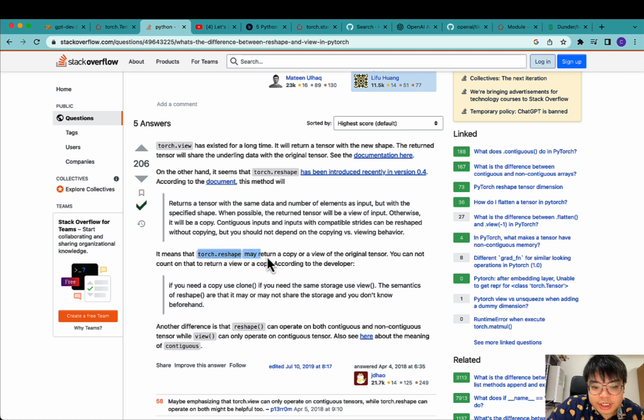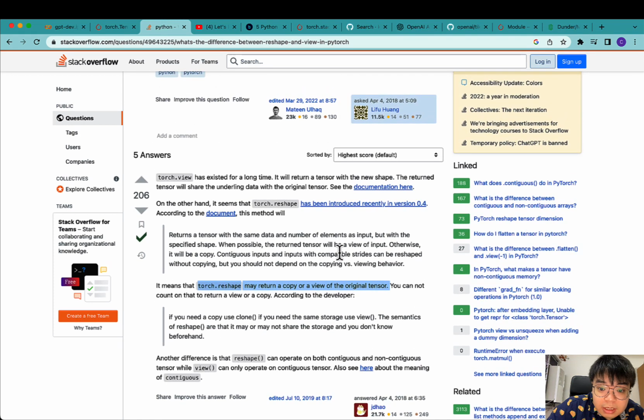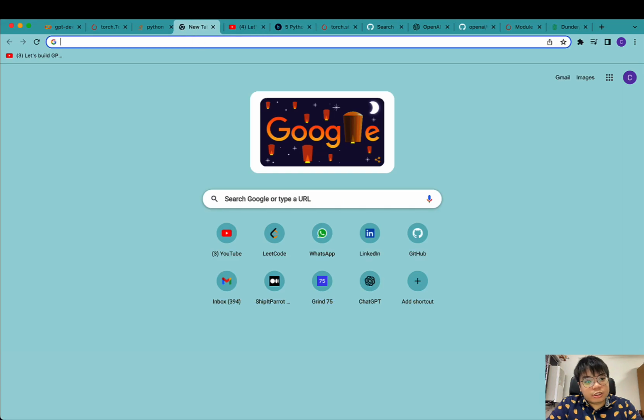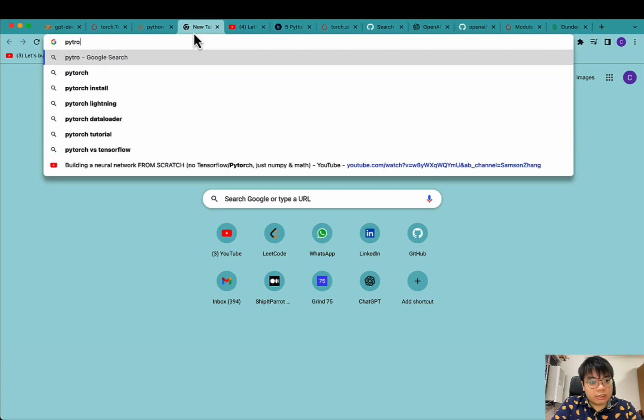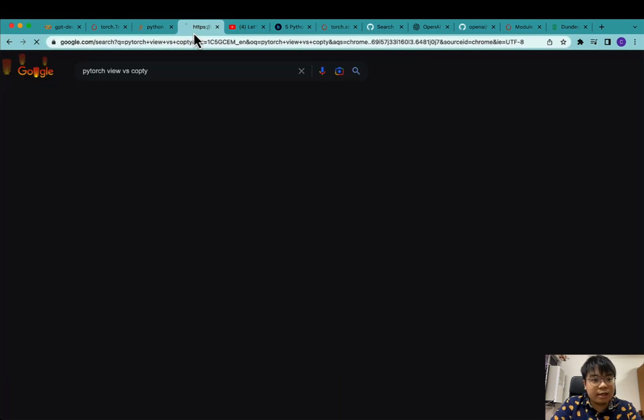Okay, so you're saying that reshape may return a copy or a view of the original tensor, and view returns a view. But what's the difference between copy and view then? Let's search PyTorch view vs copy.